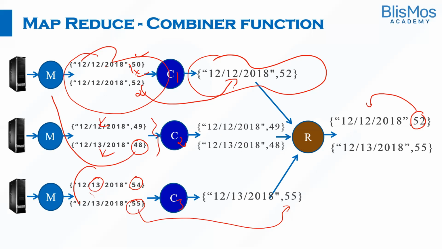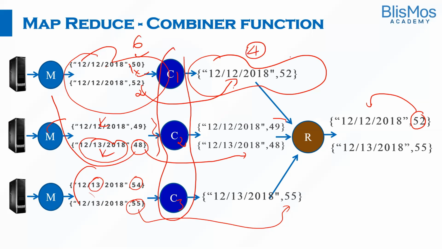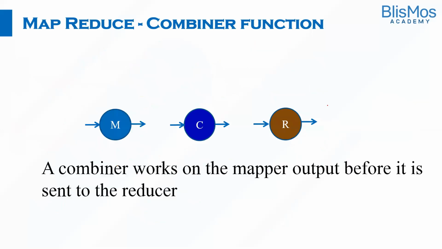That is the reason it takes the maximum temperature for a particular key within the same mapper, and that will be produced as the output. So now, because the combiners are introduced before the reducer, instead of 6, we are getting the 4 results to be combined. That is how combiners are working.